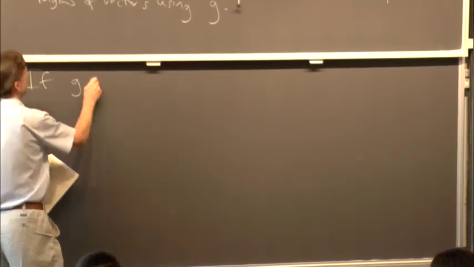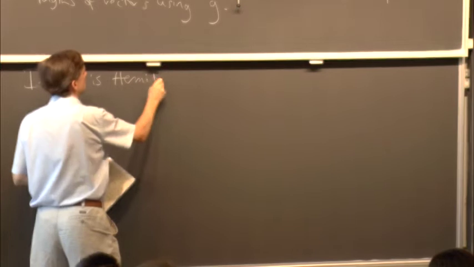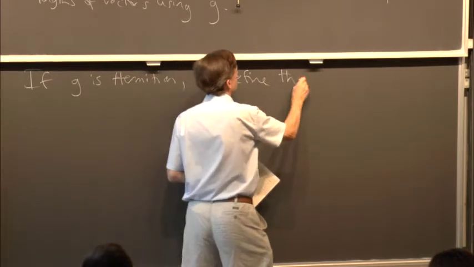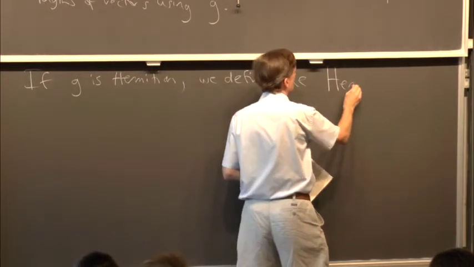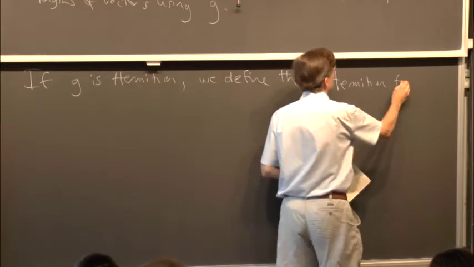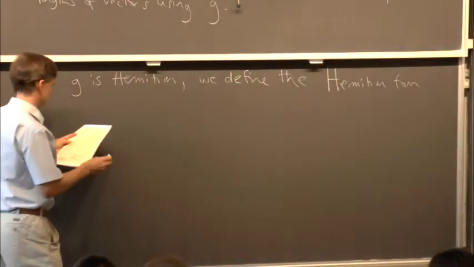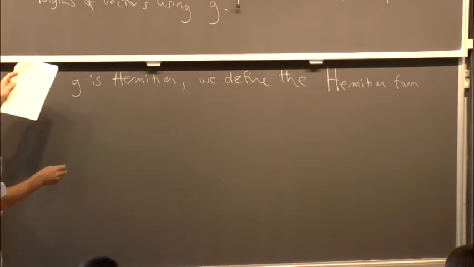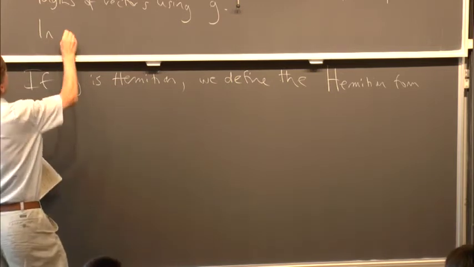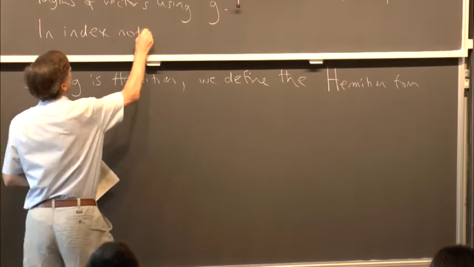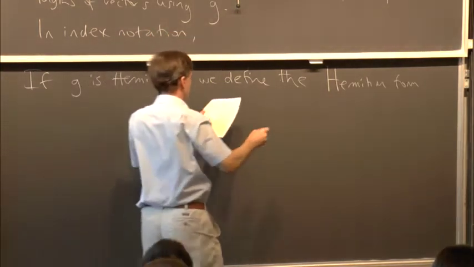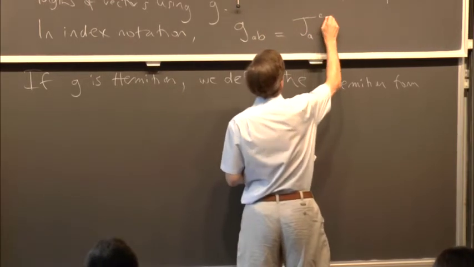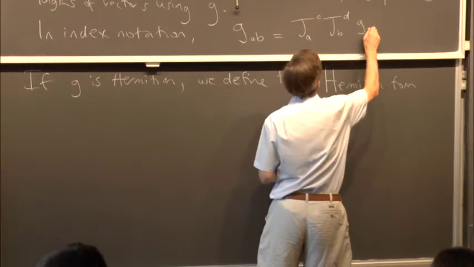Before we define the Hermitian form omega, let's say in index notation that g_AB is equal to J_A^C J_B^D g_CD.